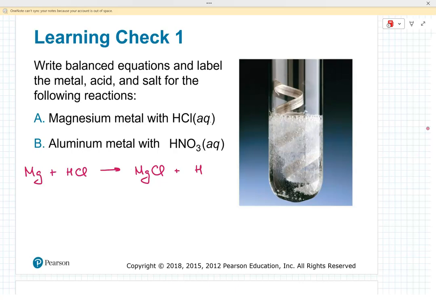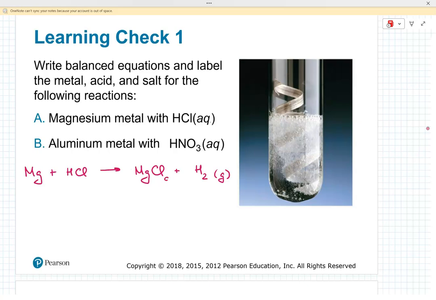You said for that salt we produce, the magnesium chloride, this is a salt. Yes, it's a salt. So, first of all, hydrogen, did I write it in a proper way? No. What should I put there? Yeah, 2. It's hydrogen gas, okay?